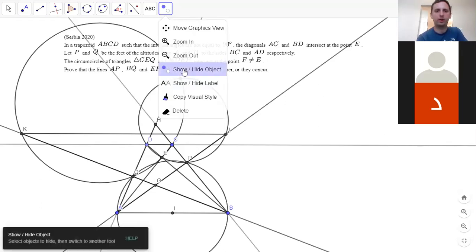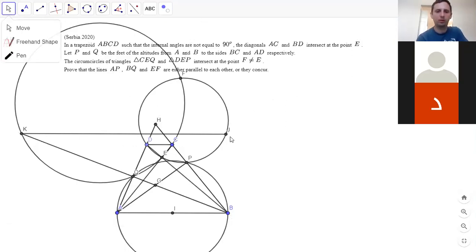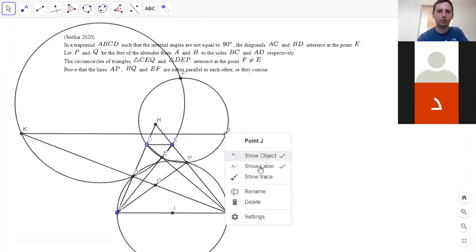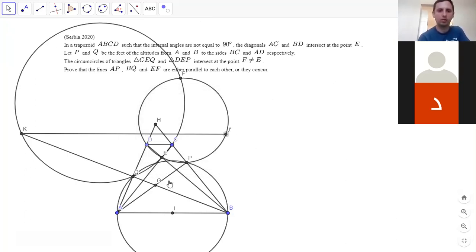So I could hide this, maybe. And then I could call this J prime, I guess. So I want to show that these are collinear. It's an interesting idea.